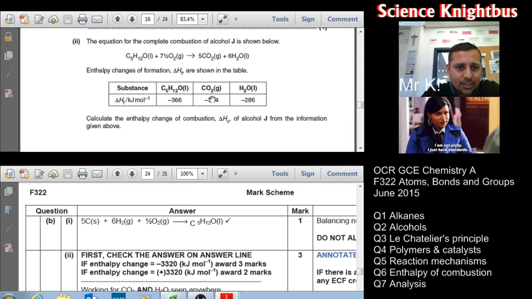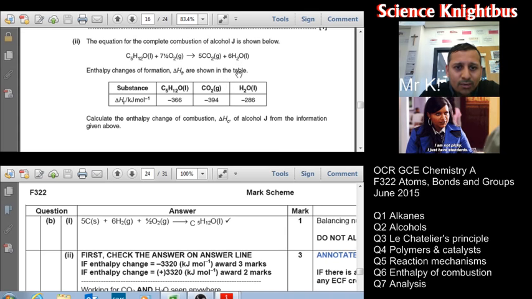So this would be a Hess's law one. So think about how, let me just check the complete combustion. Calculate the enthalpy change of combustion of alcohol J from the information. So you know what the enthalpy of formation is. That would be minus 366 that way, so this way it would be plus 366. You've got no enthalpy change of formation between element and element, so you can ignore the oxygen. The enthalpy change of formation of 5CO2 would be 5 times minus 394.